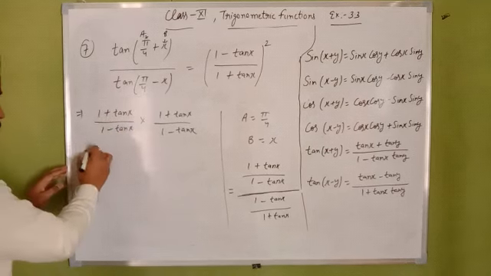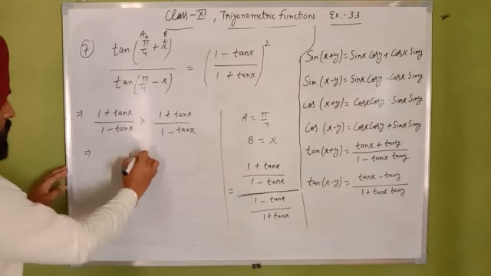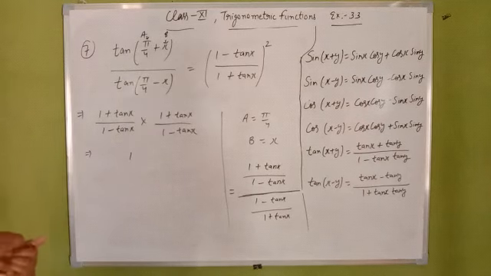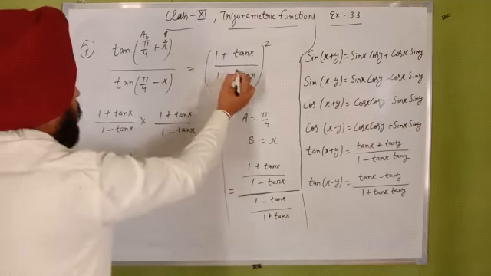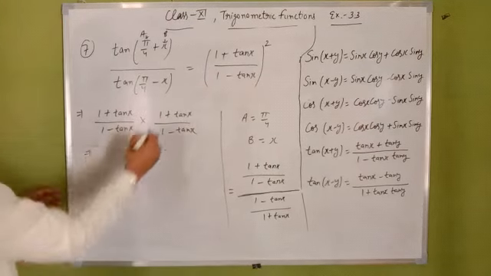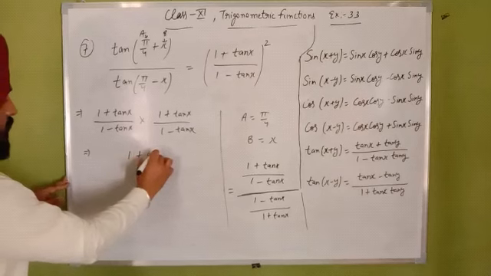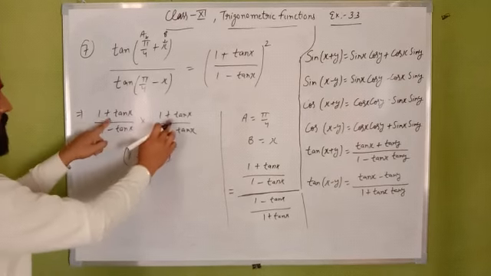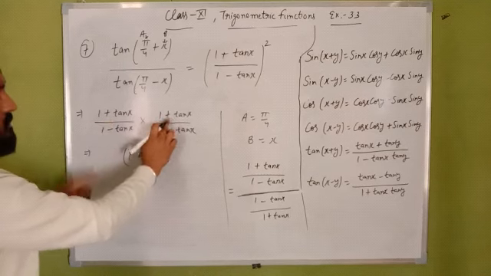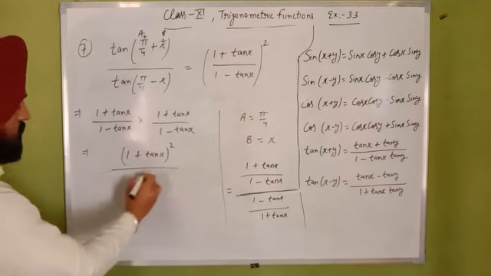So what will be there? Sorry, there is plus positive, there is negative, so I have written it wrong there, so make the correction. (1 + tan x) whole square, because multiplying the same terms, (1 + tan x) into (1 + tan x) gives you (1 + tan x) whole square.